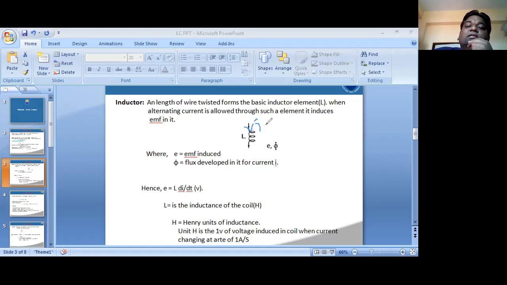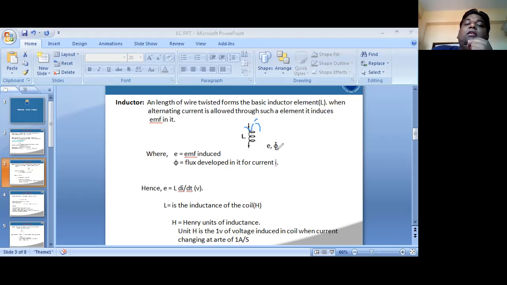If this current is variable, then the magnetic flux developed in the inductor element is also variable. Here magnetic flux is indicated with phi.